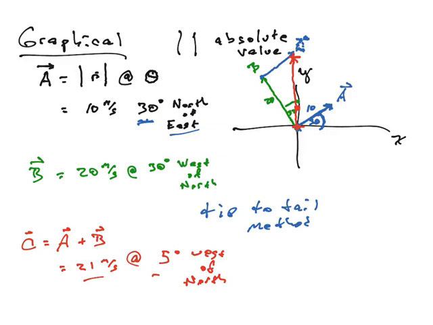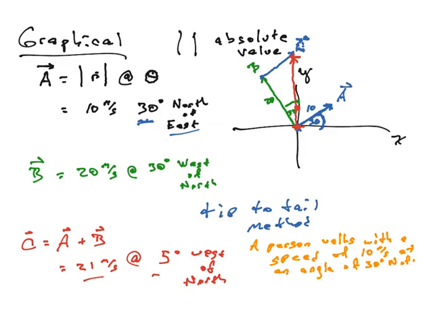Well, imagine I gave you this question. A person walks with a speed of 10 meters per second at an angle of 30 degrees north of east.